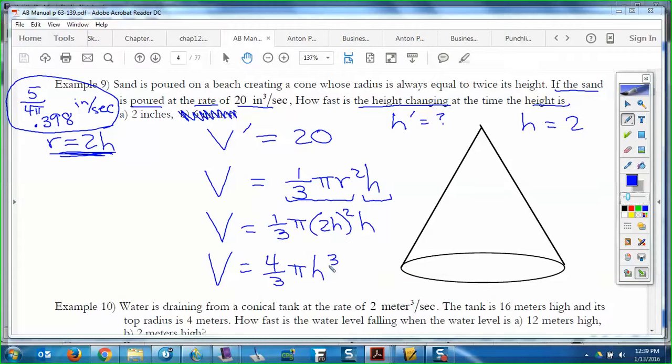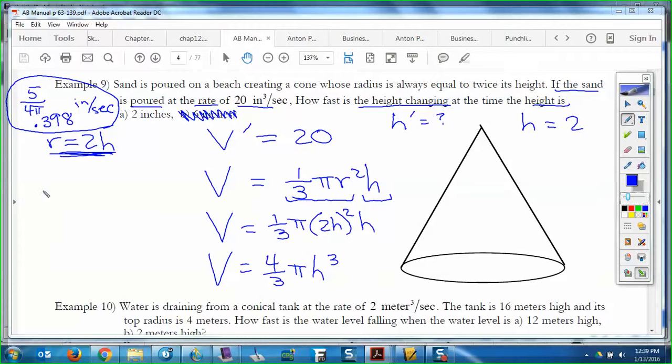See how much easier that is? So when you have this information about r and h, if you substitute first and eliminate a variable, it's helpful. But again, that's not something you normally have to do on a related rate. In optimization, we do it all the time. You have this extra information, you plug it in so you can get down to one variable, because we had to do that when we did optimization. Related rate, we don't have to.